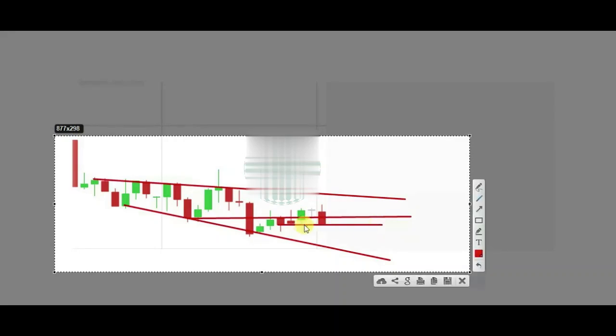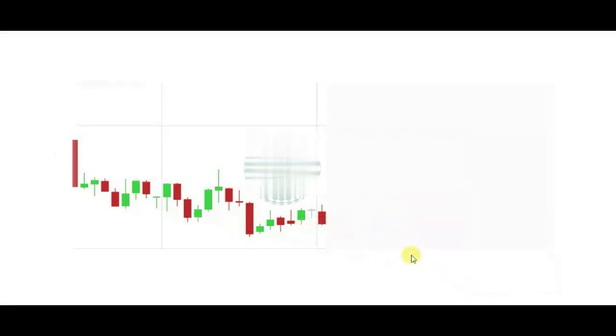From this level we can see the closing. Again we can see sellers, because there was a gap up, but still we don't know if it will work as a support level or not. If after that we have any buyer's candle, then we can consider this a support level, but till now we have no chance.